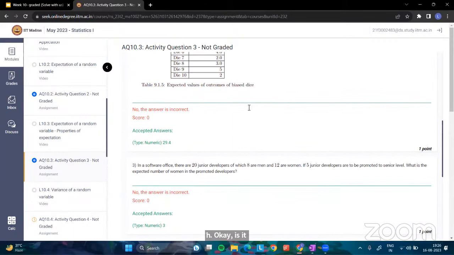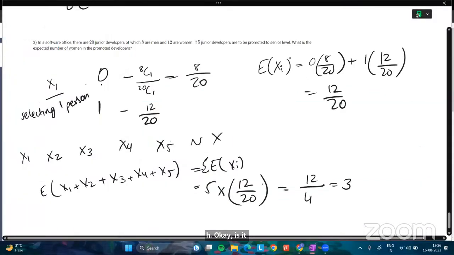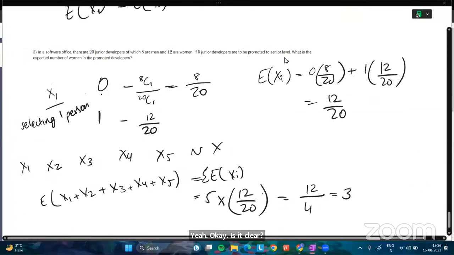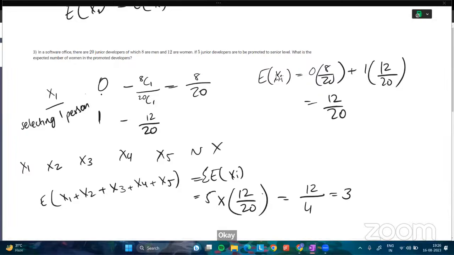Is it clear? Yeah, ma'am. And if in case the question comes like in case of women, it is men, then will it be same? No, in that case, we can take the success will be getting a man and a failure will be getting a woman.